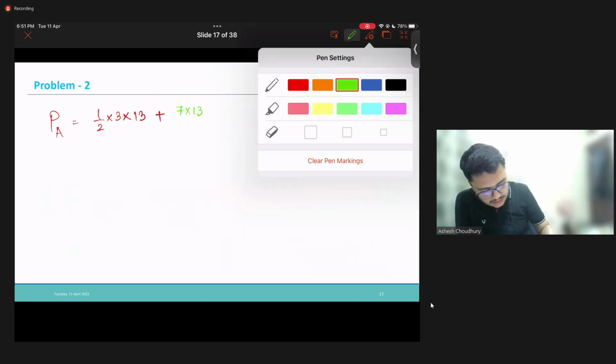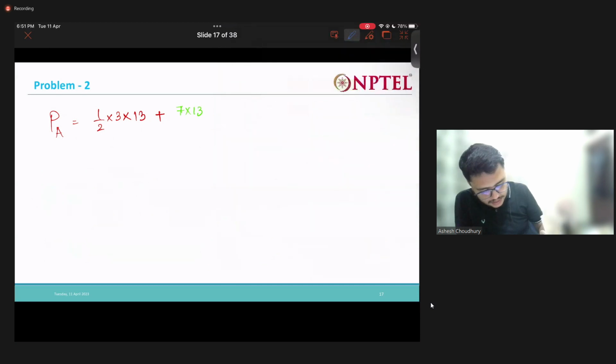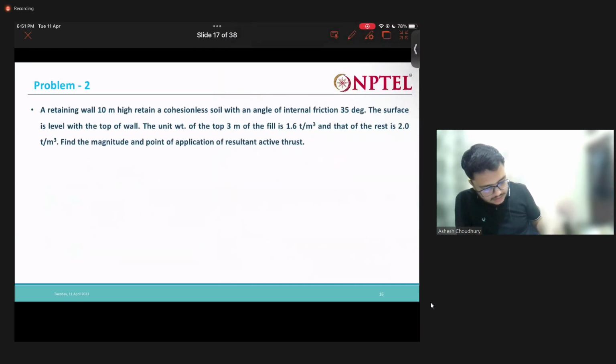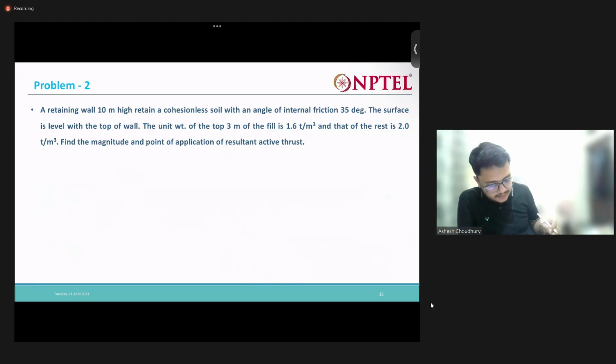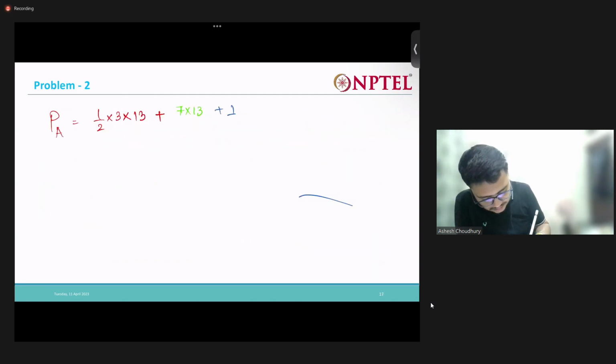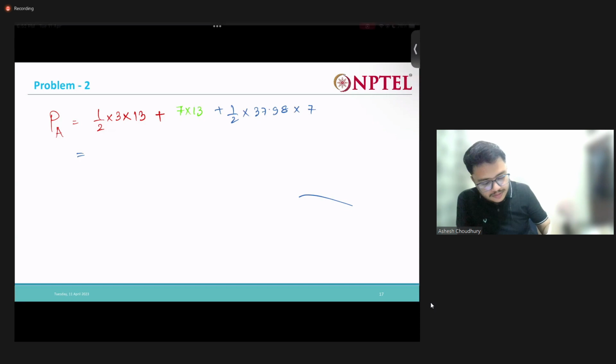Then the area of this triangle is nothing but half into 37.94 into 7. So please calculate.